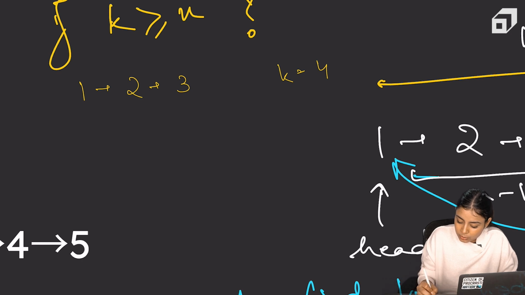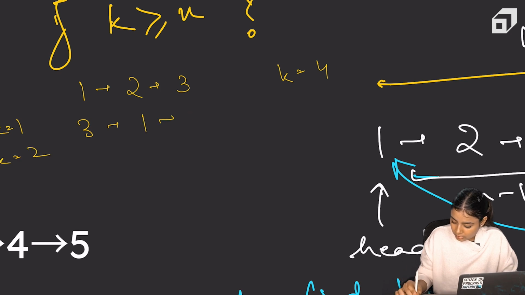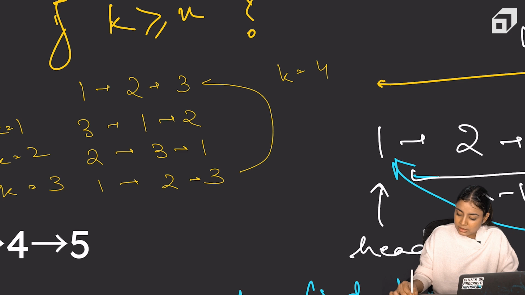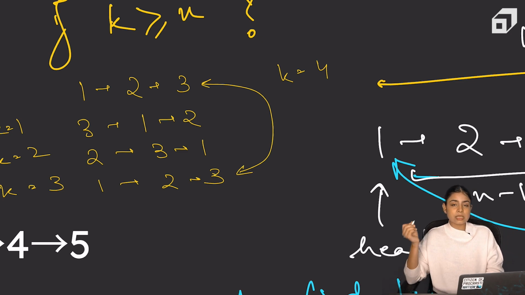When I rotate it once, 3 will come in the beginning. For k equal to 2, 2 will come in the beginning, and for k equal to 3, again 1 will come in the beginning. So this and this are equal, it's the same linked list.